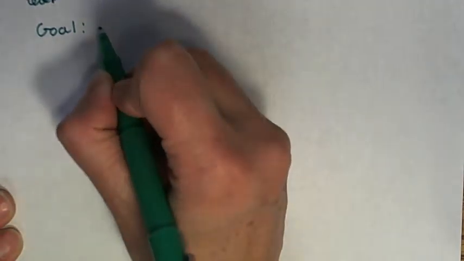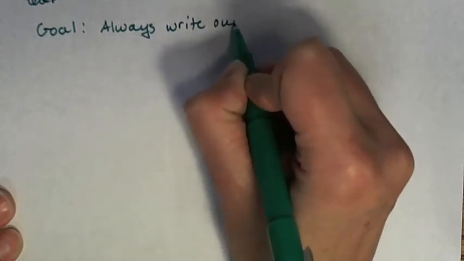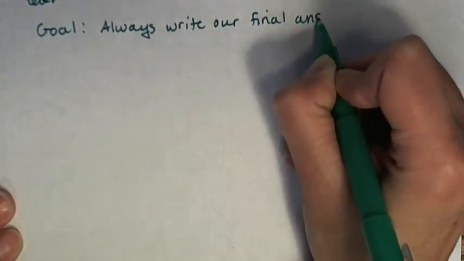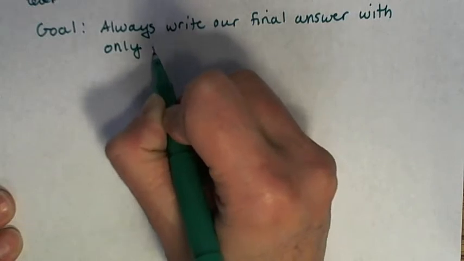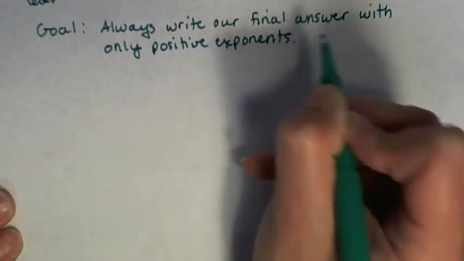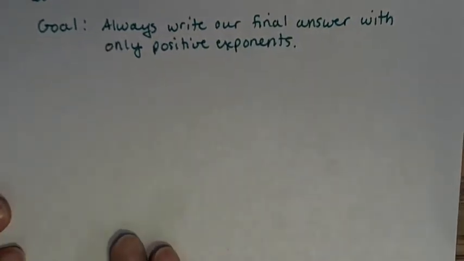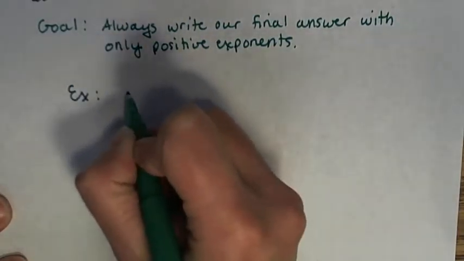All right, so keep in mind that our goal when we're working with exponential expressions is to always write our final answer with only positive exponents. If you keep that goal in mind as we work through these examples, that's going to help quite a bit. So let's start with this particular example.